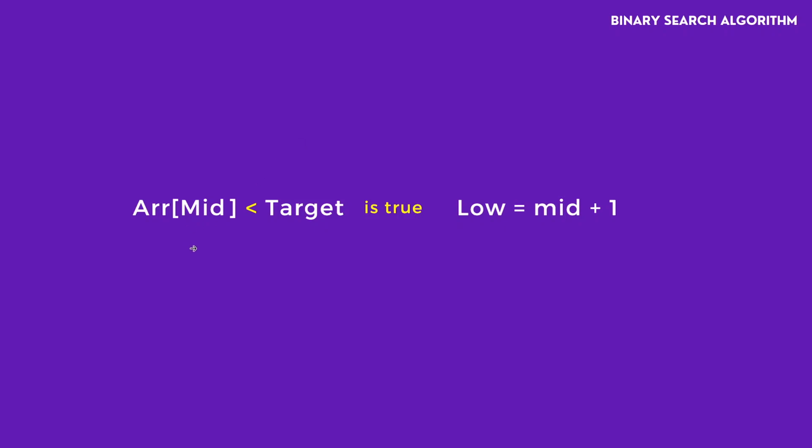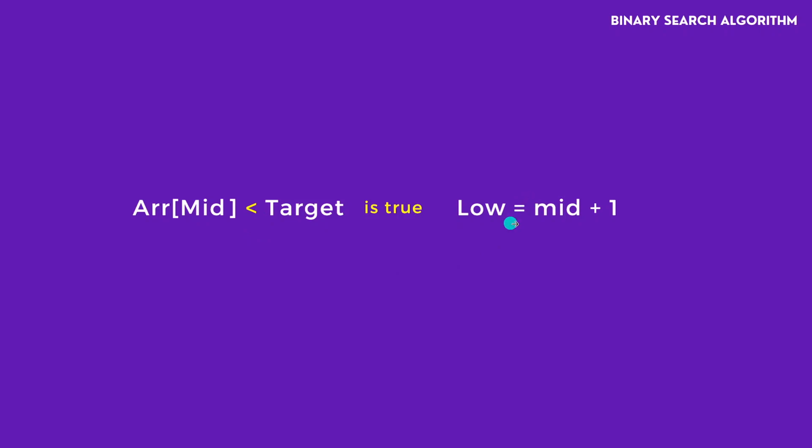Whenever it is less than the target, you need to update the low. Low starts with L. When it is less, you need to update the low. Very simple, understood? Remember that trick.